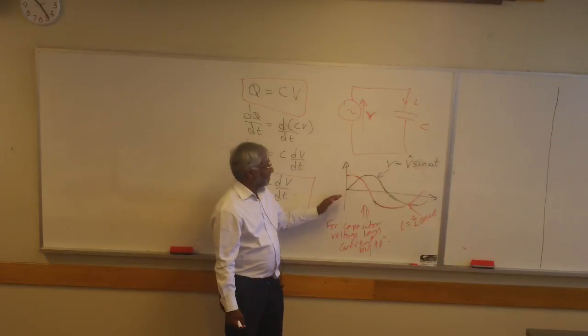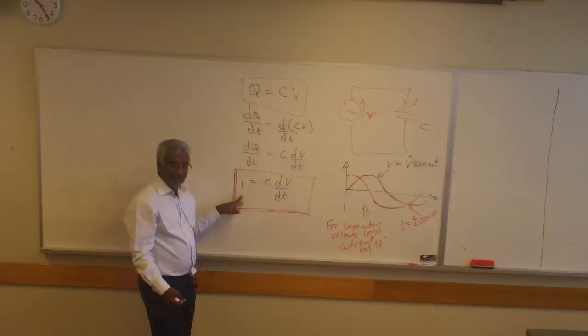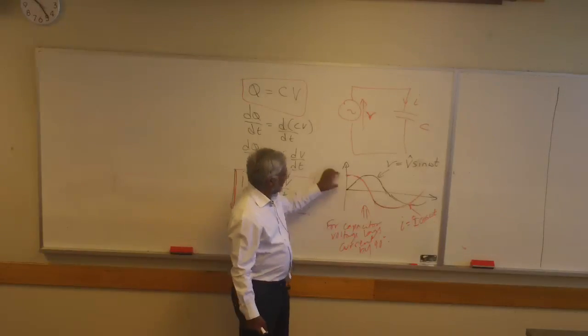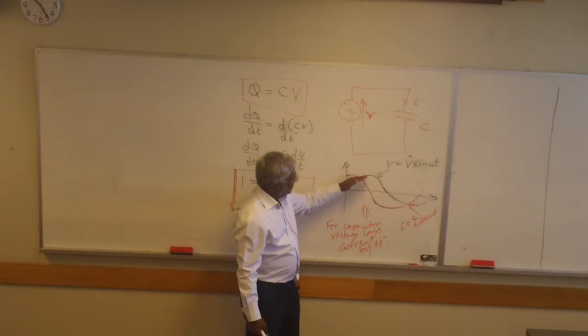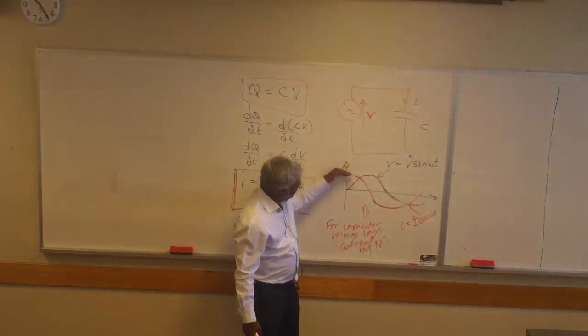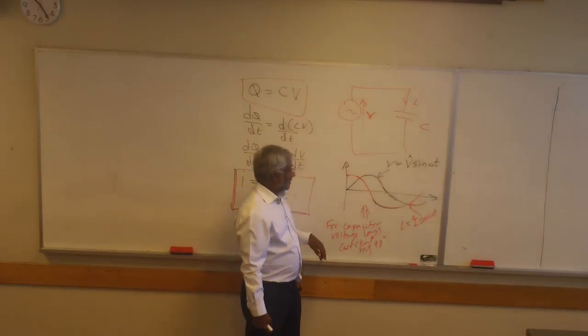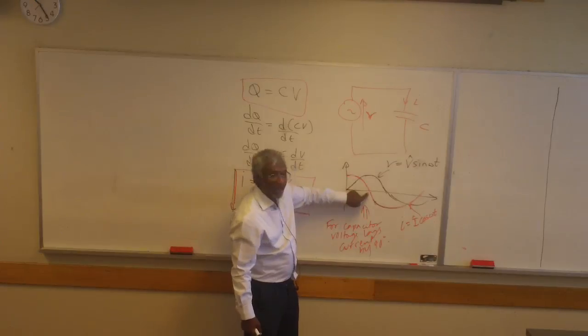The gradient of the voltage is equal to the current, or at least proportional. So you can see the gradient here is maximum and positive. As you go up, the gradient is dropping. The red one is the gradient, so you can see it dropping. And the gradient is 0 here, so that gives you a 0 current.